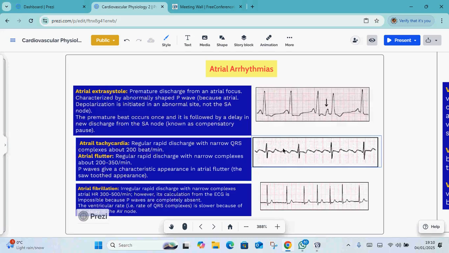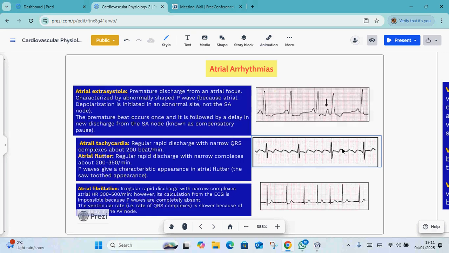If the P waves are just ongoing, like a sawtooth, this is called atrial flutter. So atrial flutter means instead of having a flat isoelectric line, you have an up and down isoelectric line like the sawtooth.